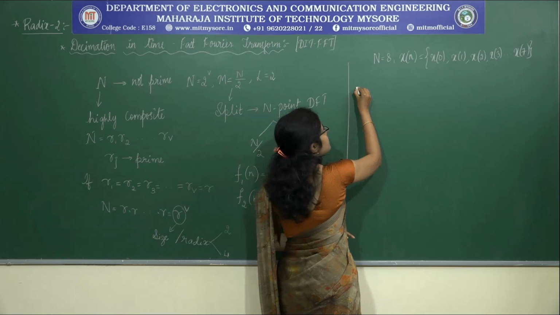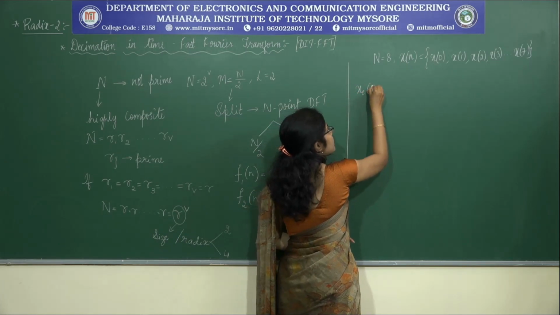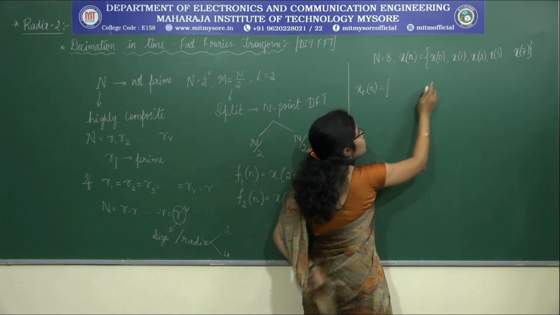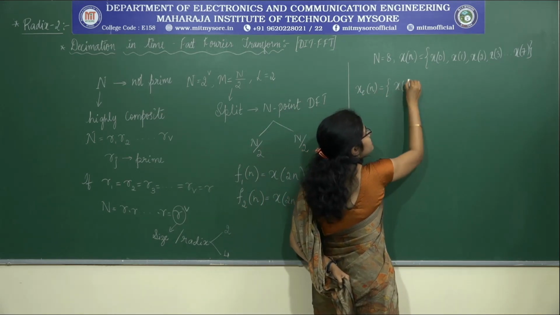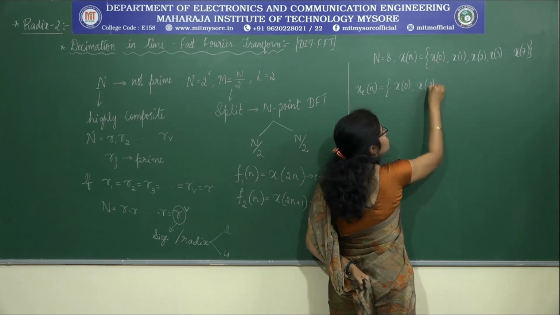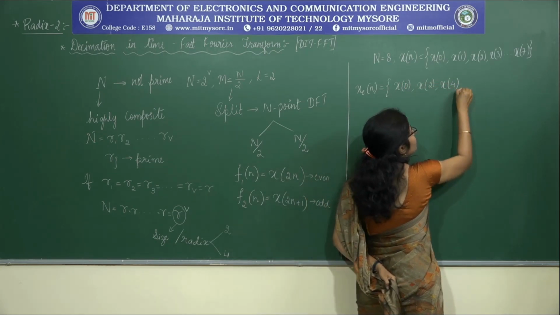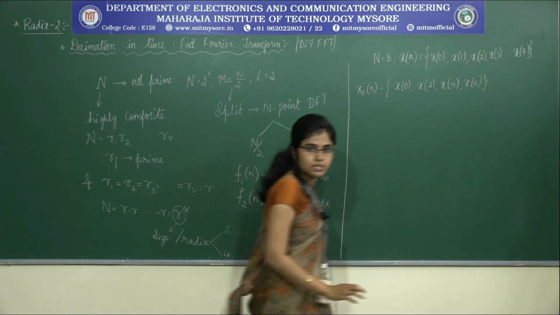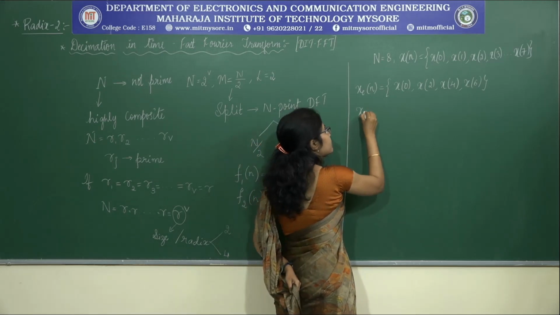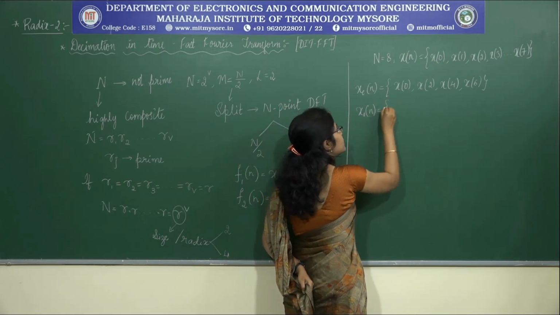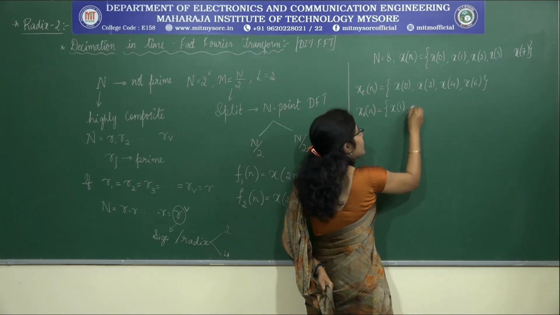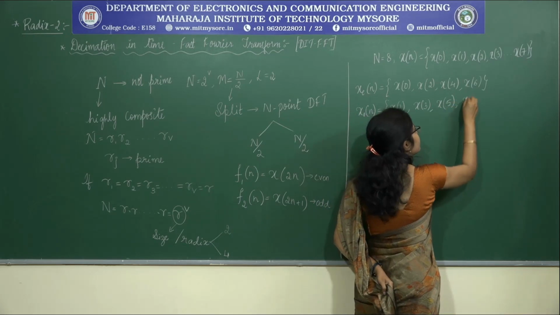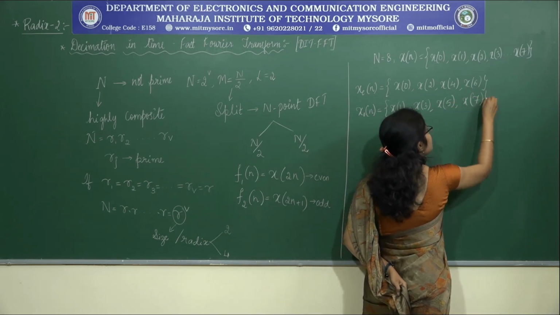If I first divide based on even numbered samples, I am terming it as xe of n. What are the even numbered samples? It is nothing but x of 0, x of 2, x of 4 and x of 6. Similarly, for the odd numbered samples, this will be x of 1, x of 3, x of 5 and x of 7.